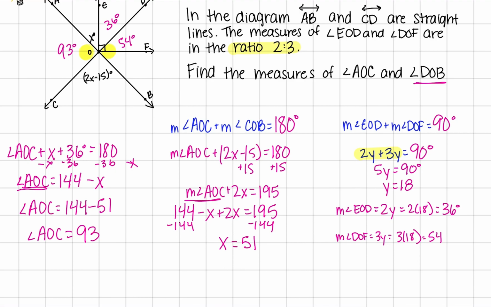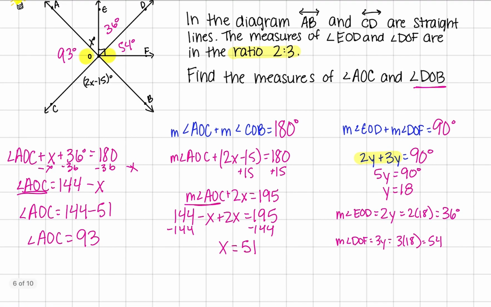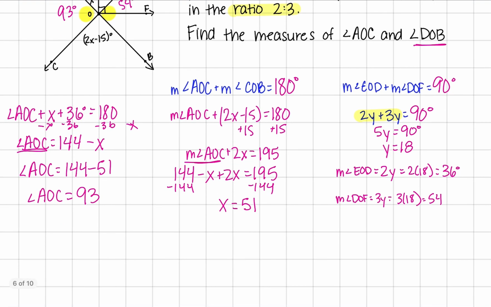What do I know about angle AOC and angle DOB? Angle AOC is equal to angle DOB because they are vertical angles. So if AOC equals 93, DOB also equals 93.